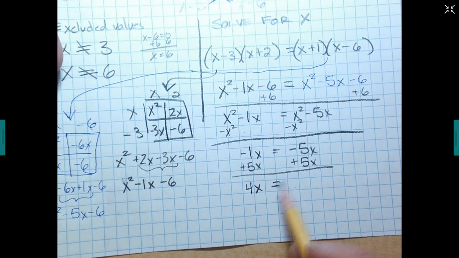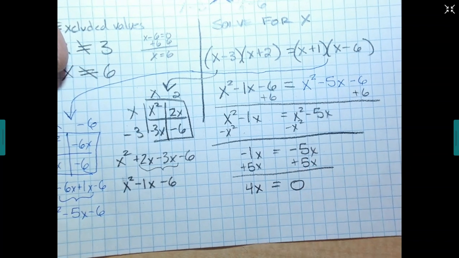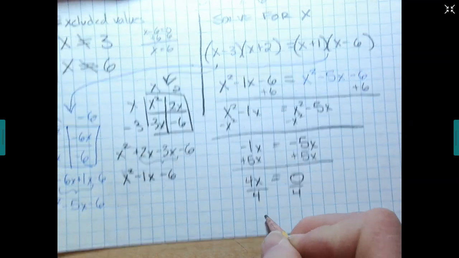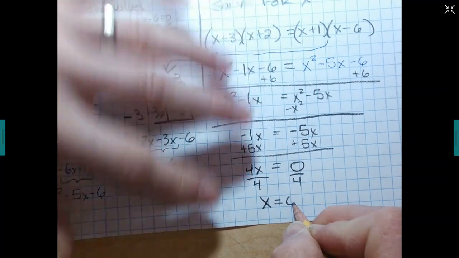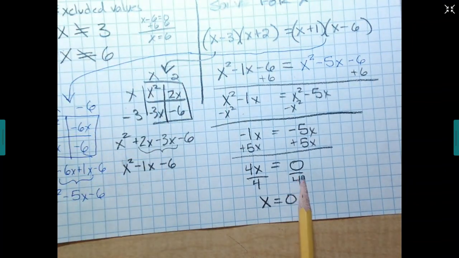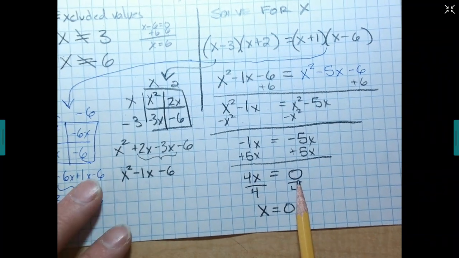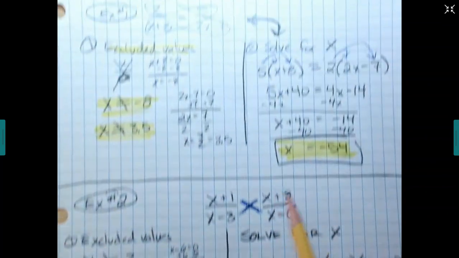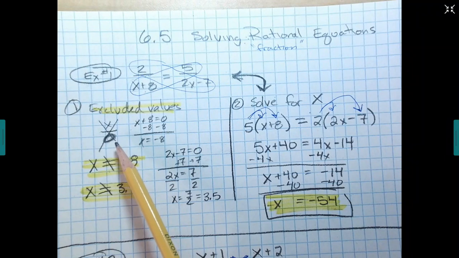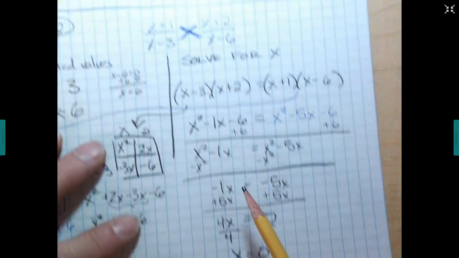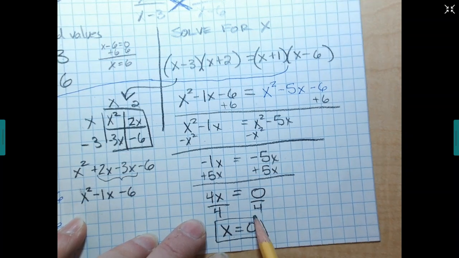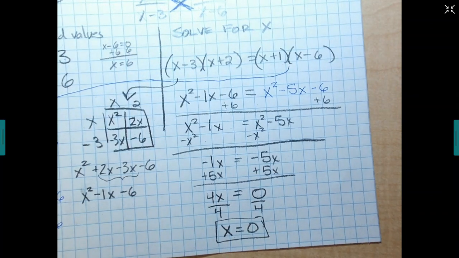I have to put something on this side. Negative 5x plus 5x is 0. Divided by 4, x equals 0. Wait a second, Mr. Blue, there's a 0 in the numerator. That's right. A 0 in the numerator is okay, because you could have 0 over 4, you could have nothing. It's a 0 in the denominator that doesn't work, because you can't have 4 of nothing. So our answer for example 2, x equals 0, because 0 divided by 4 is 0.